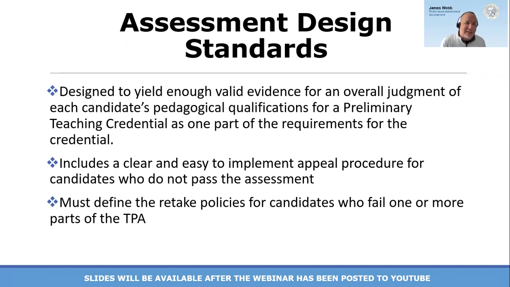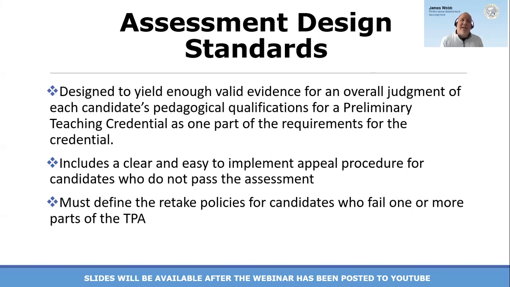Remember that the assessment design standards do call for that clear and easy to implement appeal procedure for those students who did not take or did not pass the assessment. And then, as I said previously, what will be your retake policies for candidates who fail one or more parts of the TPA? How will you provide them with support, remediation?